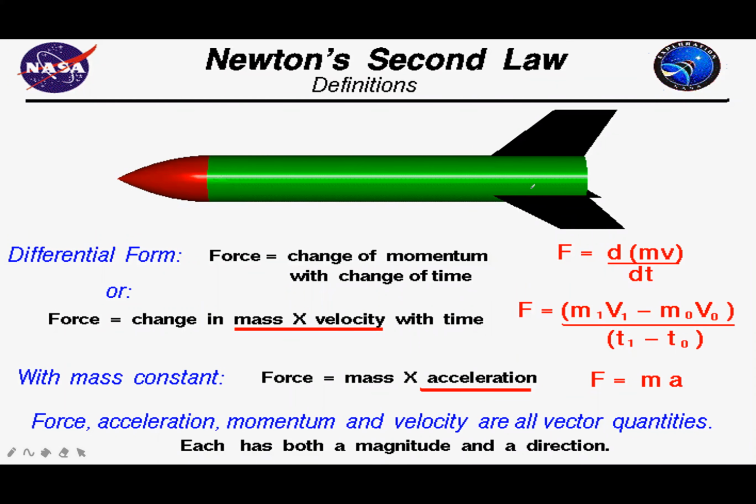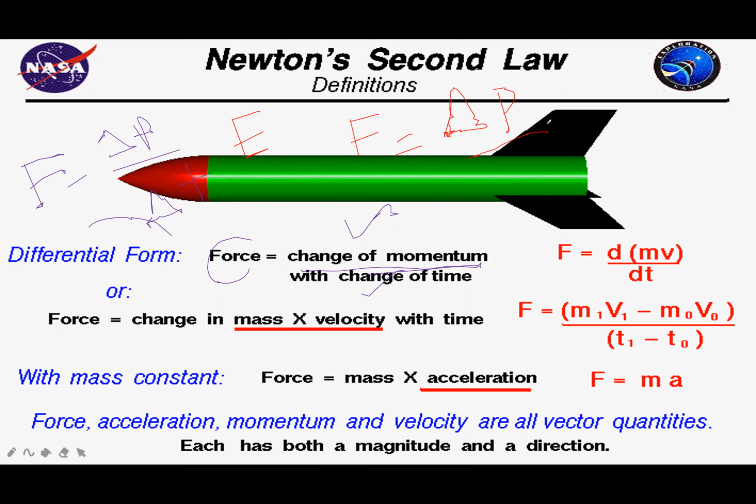Newton's second law. Force is the change in momentum divided by time: force is equal to del P divided by del T. Change in momentum is del P with time.